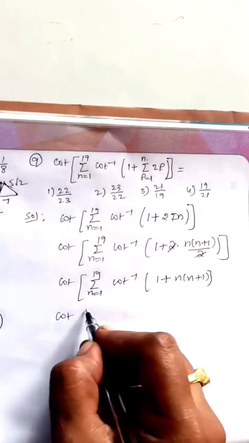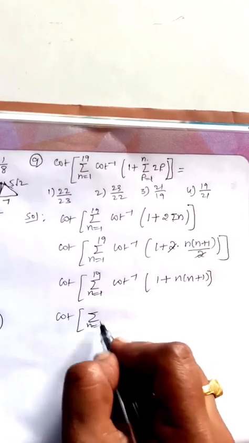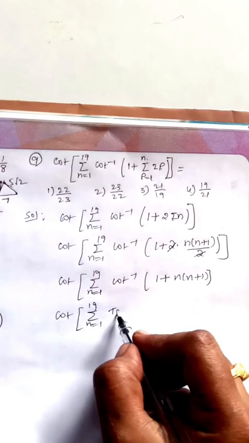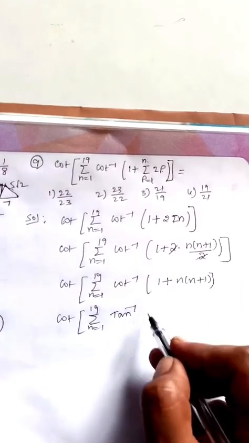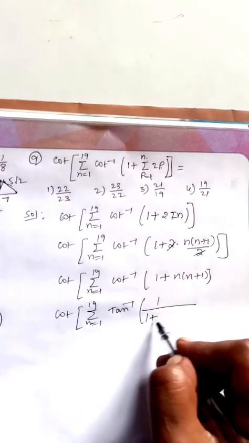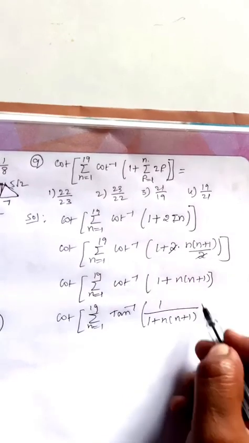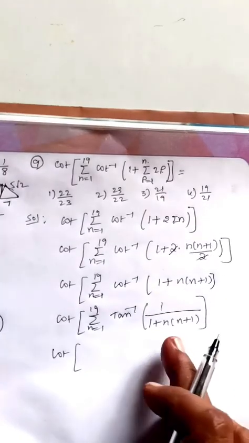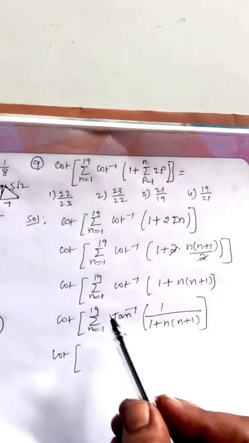If you want to change cot inverse into tan inverse, you have to write the reciprocal of it: 1 by 1 plus n into n plus 1. Okay, now substitute in the n place 1 to 19.